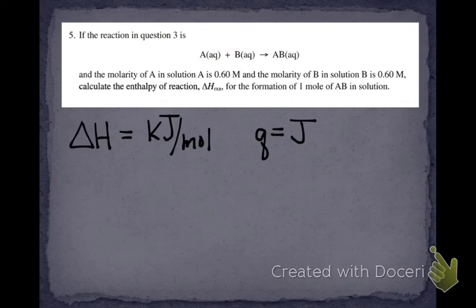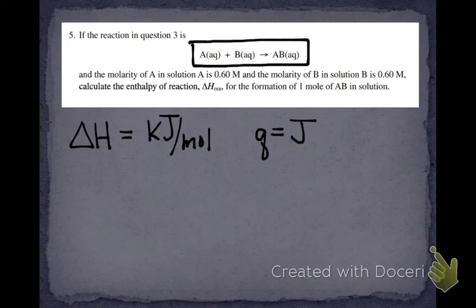So this question is asking you to determine the delta H of reaction using the Q that you calculated in number 4, which we just went over. Remember, it's a negative value that's in joules. And now let's look at the reaction that is given here. It's saying A plus B yields AB.